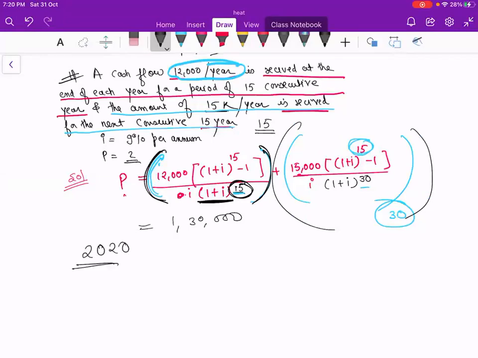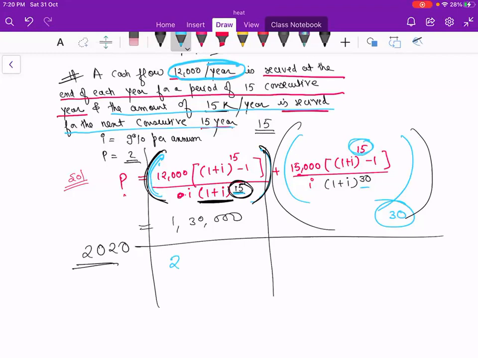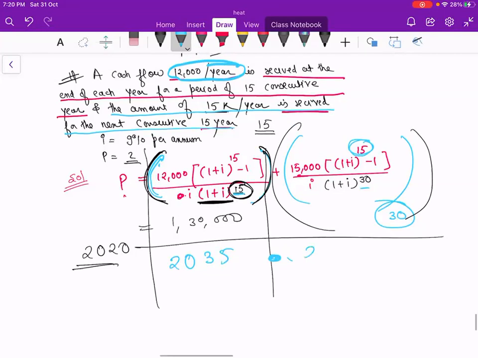Now you are depositing 15,000 rupees for the next 15 years. Suppose today is 2020, so you have done this deposition up to which year? 2035. At 2035 you start this deposition, up to which year? 2050.